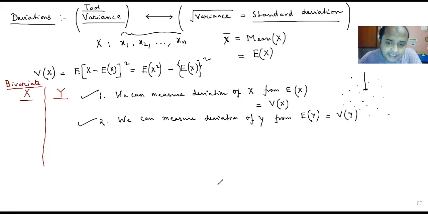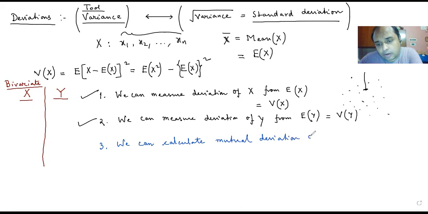What is the third thing that we can do on the given system? We can calculate the mutual deviation of x with y.